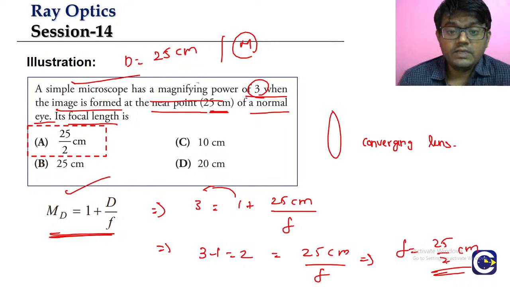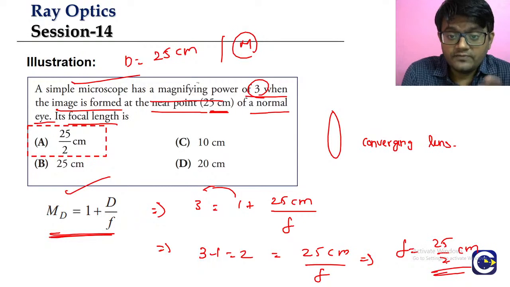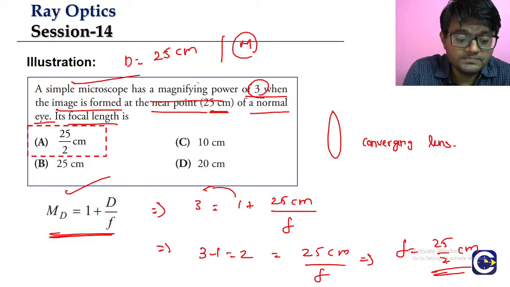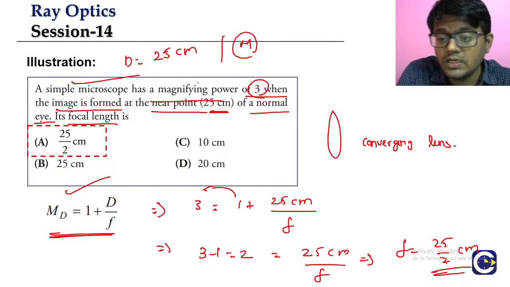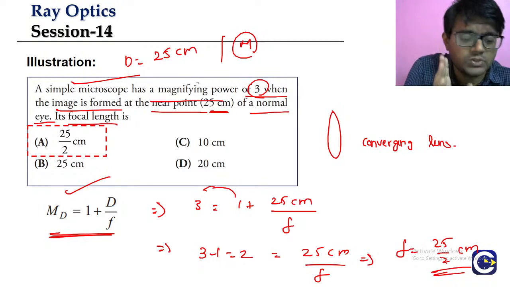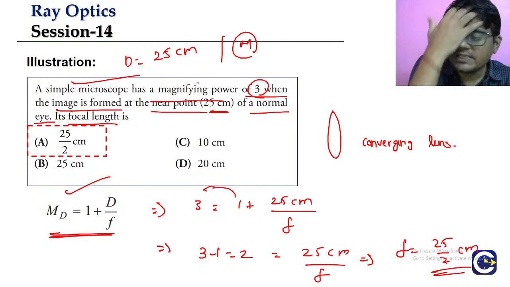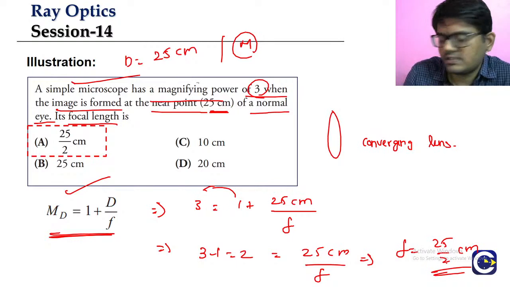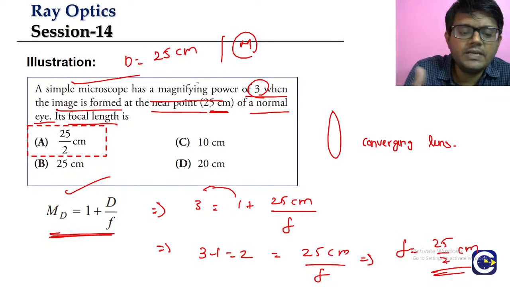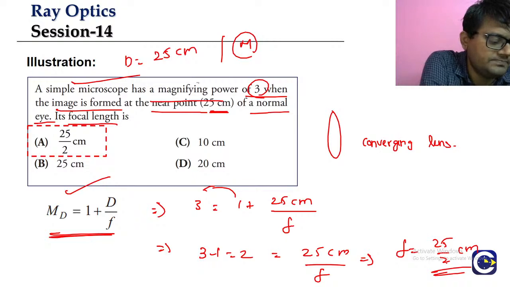For these optical instruments, we have to thoroughly make sure that we are comfortable with all the formulae. It will be just like, you will have to go and substitute. The only thing is, if you go through the derivations, then you will be comfortable in terms of remembering the final formula.